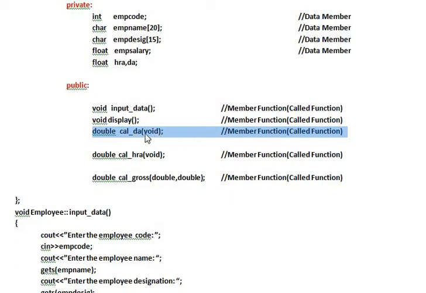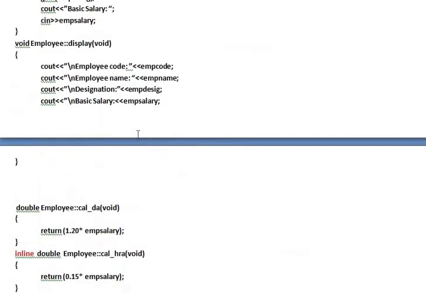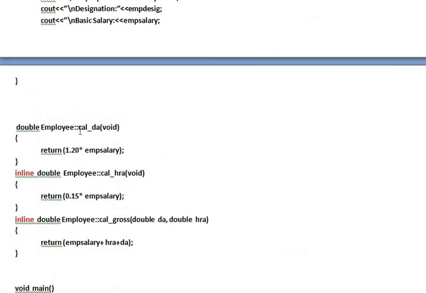Now we can reduce that processing time by declaring this member function cal_da to be inline. At present this member function cal_da is not inline, so let me make it inline. So here it is. Now this member function will be treated as inline because I have explicitly mentioned the keyword inline preceding this member function cal_da.